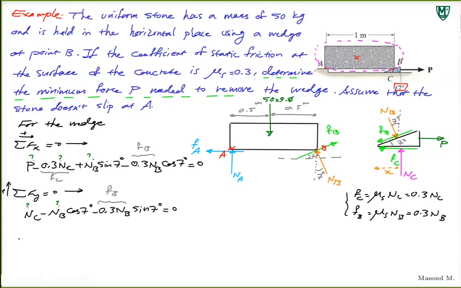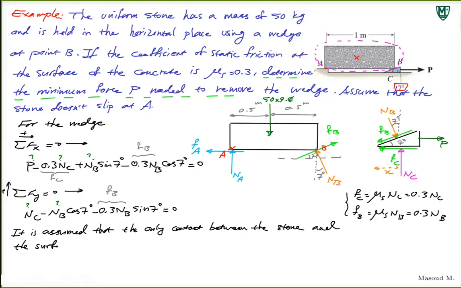So it is assumed that the only contact between the stone and the left surface is at point A, right?